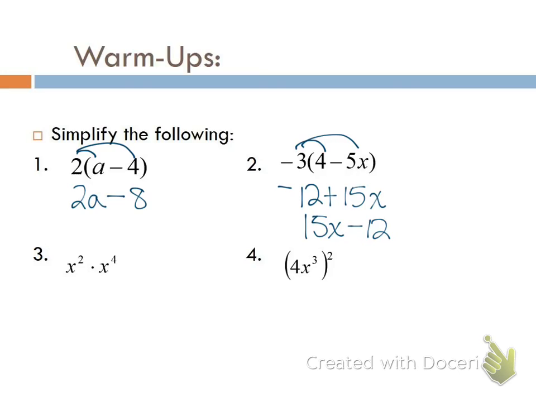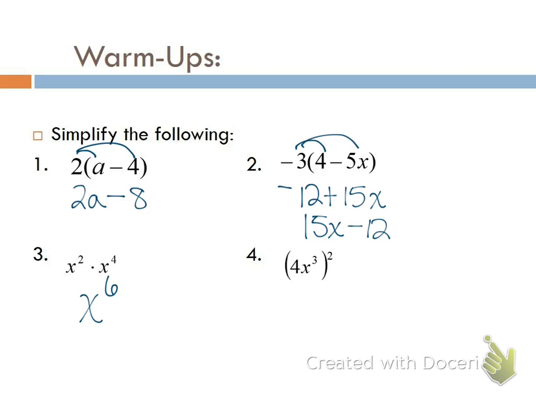All right, 3 and 4 bring back some of our exponent rules that we covered earlier. On number 3, if I'm multiplying the same base, what do I do to the exponents? You add them, so I would get x to the 6th power. On number 4, we've got an exponent outside of parentheses. 16x to the 6.